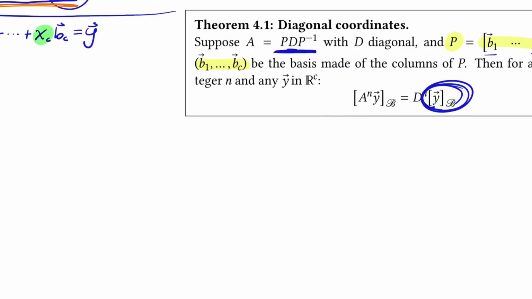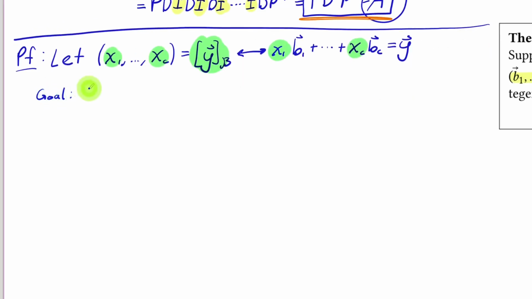So that's what we're talking about here. And we're going to think about what D to the power n times that is in a minute. But let's also think about what we're trying to get. We're trying to get a formula for the B coordinates of A to the power n times y. Right? We want to know what this coordinate vector is. But what does that mean?